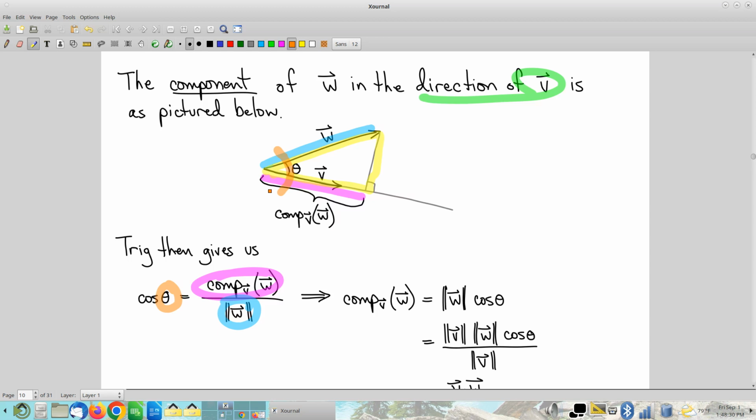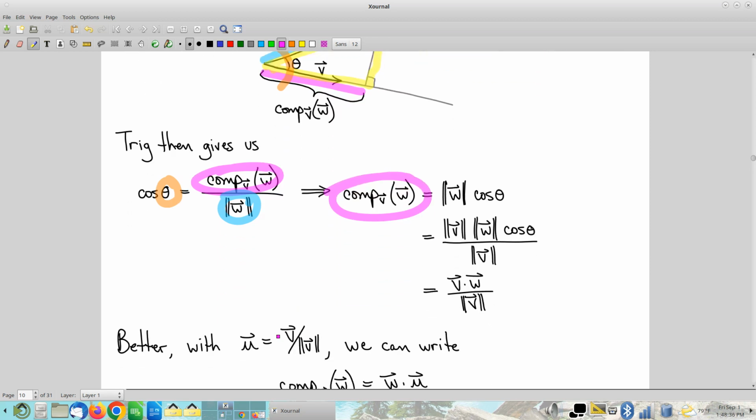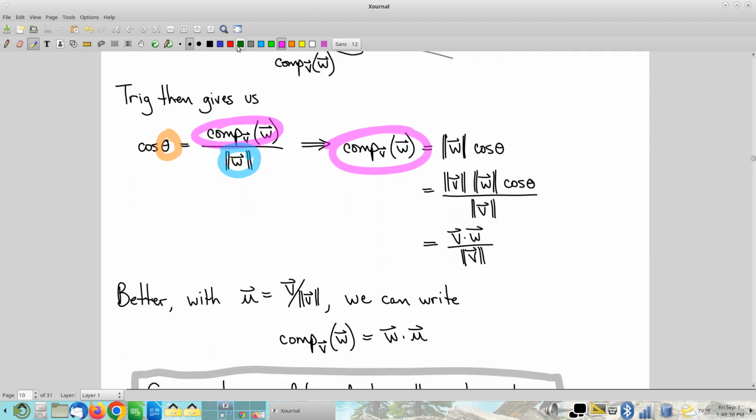And once you write that down, you can just solve for the component. A little bit of easy algebra. There's the component. And if you want to simplify this formula, there is something unfortunate about it. You notice that there's a cosine in it. That's weird. I might not even know that angle.